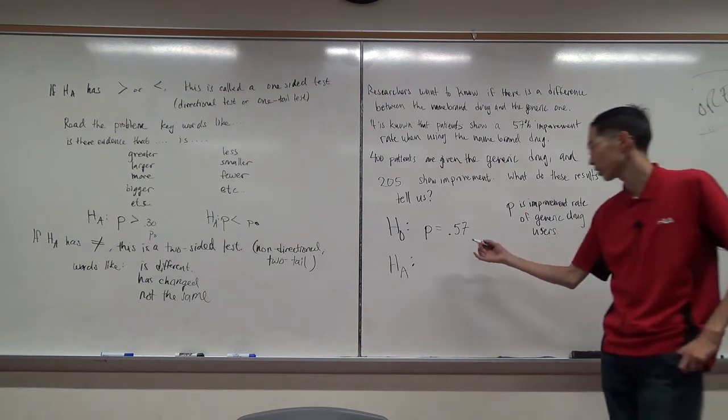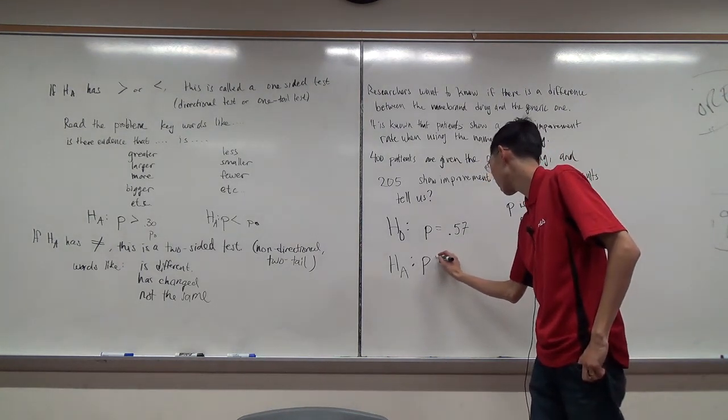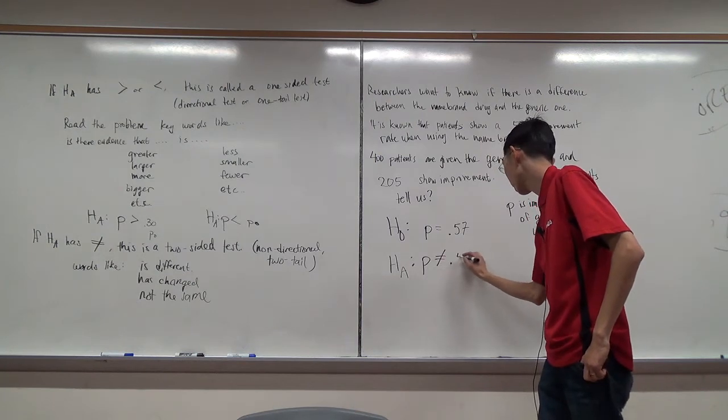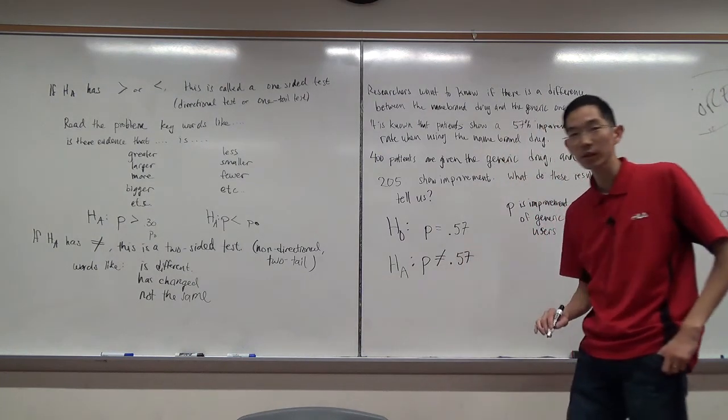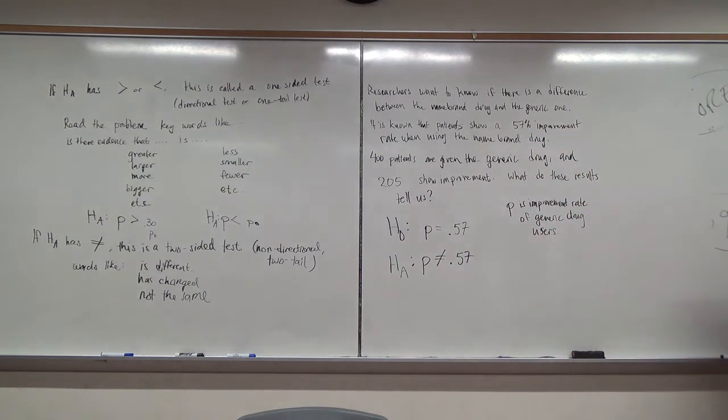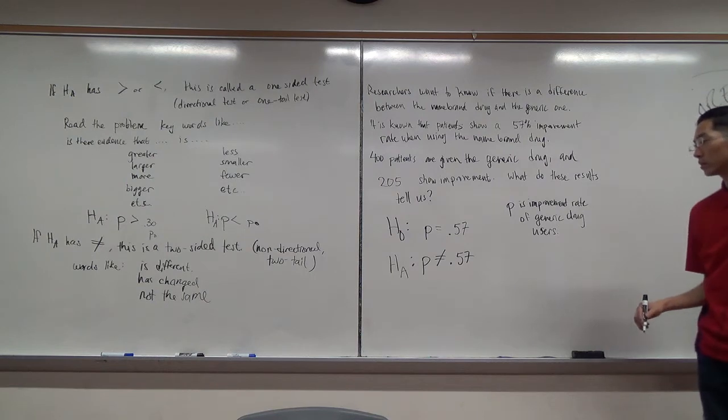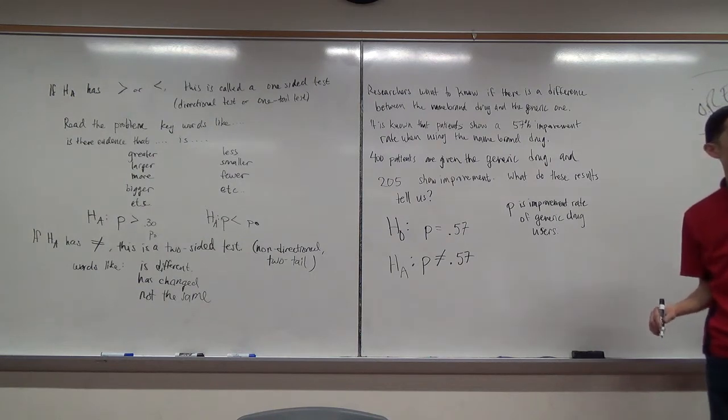Different. So our alternative is that P does not equal 0.57.